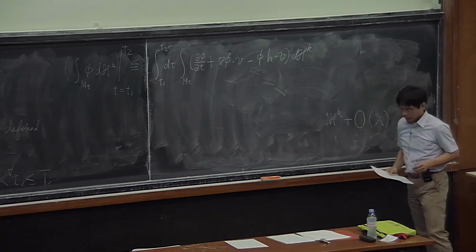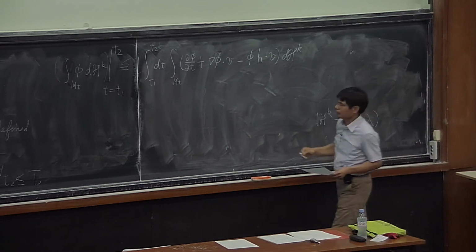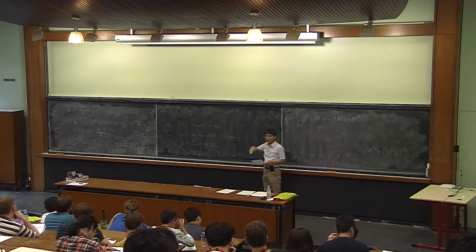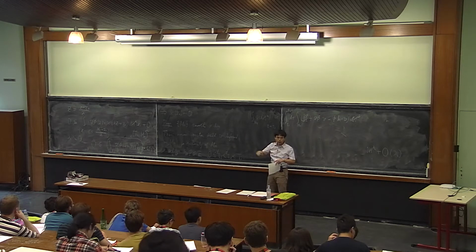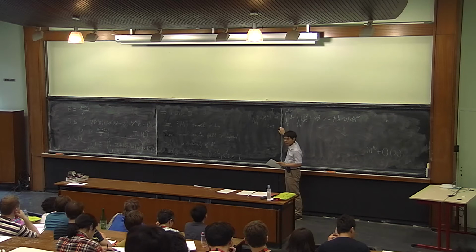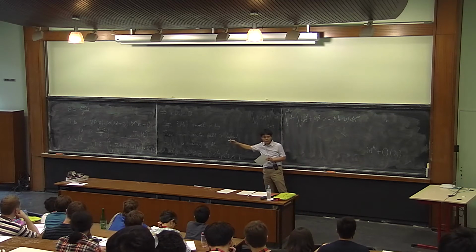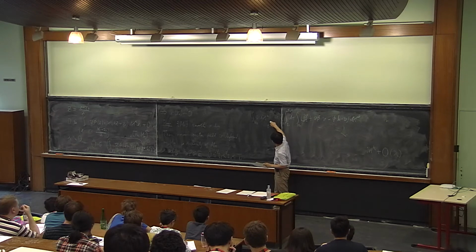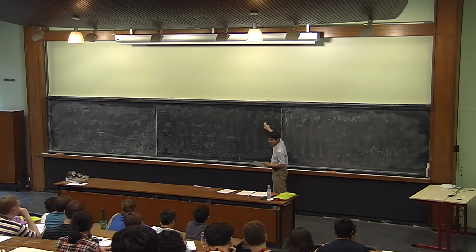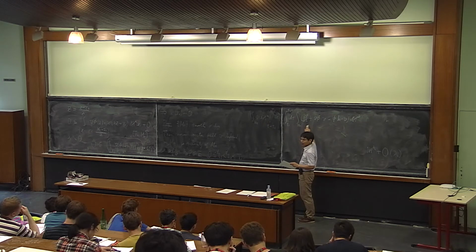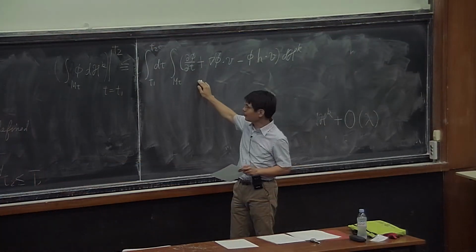So that's something I can claim, because if you integrate in time from T1 to T2, this is what you get. That is the inequality I wrote over there. If you integrate from T1 to T2, you have that by the fundamental theorem of calculus. And this is just the integrated form of what we had on the right-hand side.